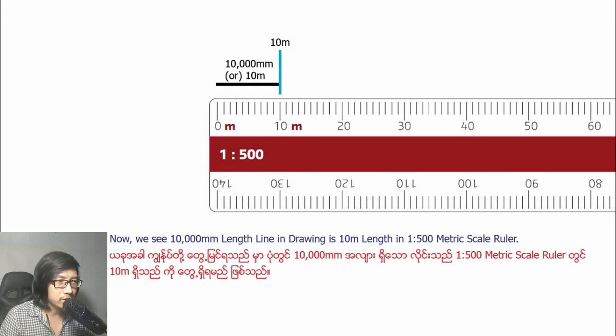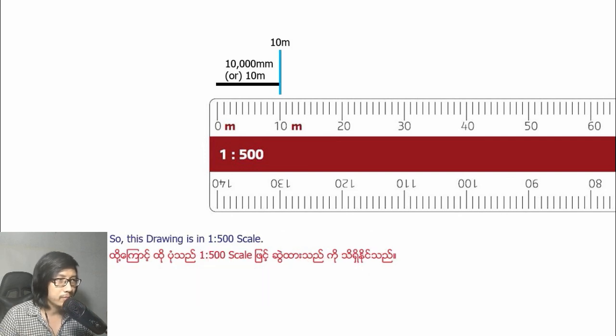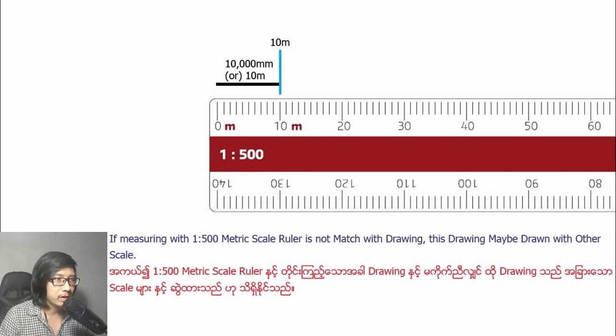Now we see the 10,000 millimeter line in the drawing is a 10 meter line on the 1:500 metric scale ruler. So this drawing is in 1:500 scale. If measuring with the 1:500 metric scale ruler does not match the drawing, this drawing may be drawn with another scale.